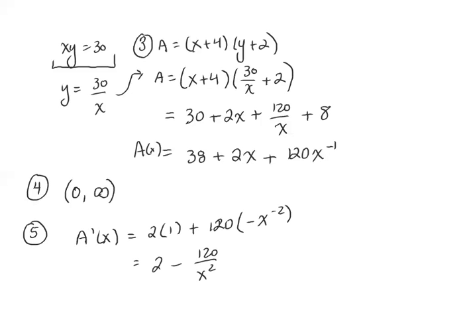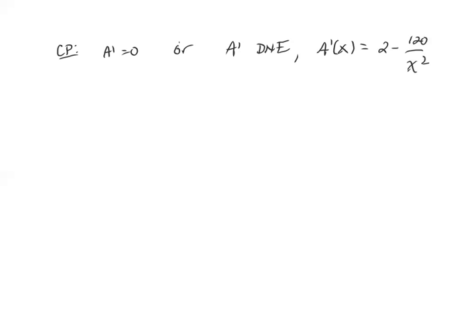I have a derivative. I need to find critical points, where that derivative, A prime, is equal to 0, or where the derivative A prime does not exist. My derivative is once again 2 minus 120 over x squared. I'm going to figure out what makes that equal to 0.